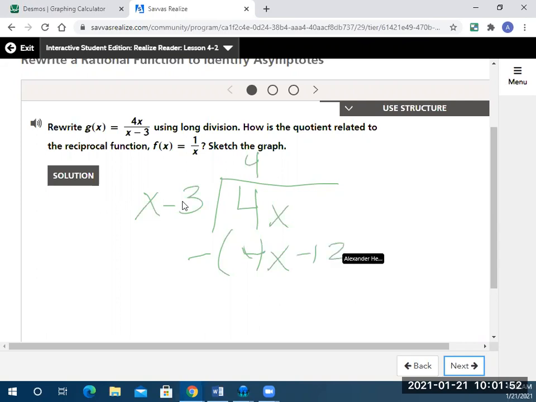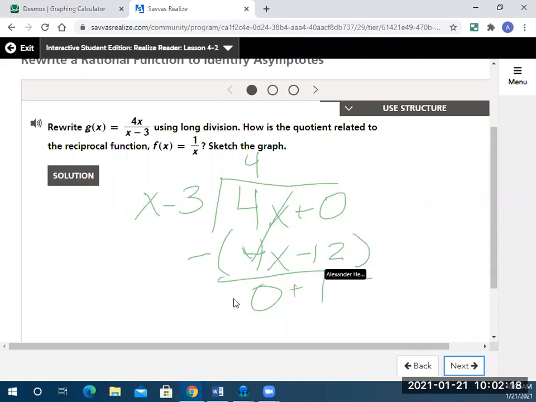Negative 12. All right, so now we can subtract. We're going to put plus 0 here. There's nothing here, but so that we know what to do. So 4x minus 4x cancels out, right? We're left with 0 here. And then 0 minus negative 12 is the same as plus 12, right?